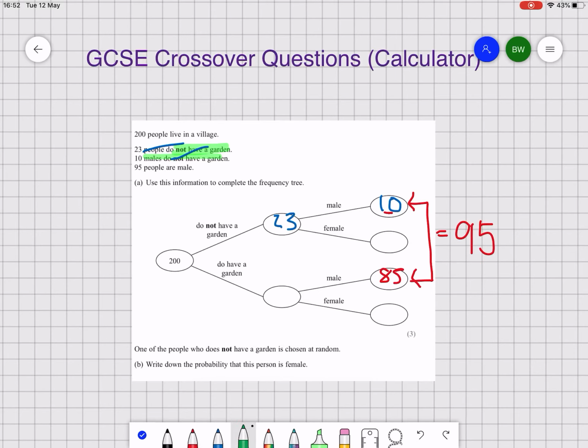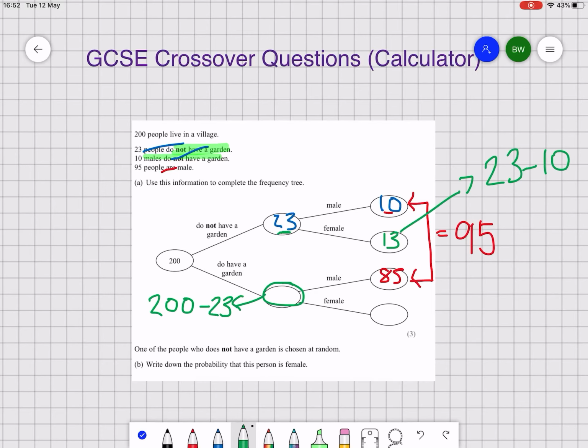Next thing I'm going to work out, because now what I've done is used all three of those. So I can use this one. If I know that 23 don't have a garden, of which 10 are male, the remainder must be female. So to work out this, I've got to do 23 minus 10, which is 13. Then I'm looking at this one. If I know that there's 200 people in total and 23 don't have a garden, to work out the number that do, I'm going to do 200 minus 23.